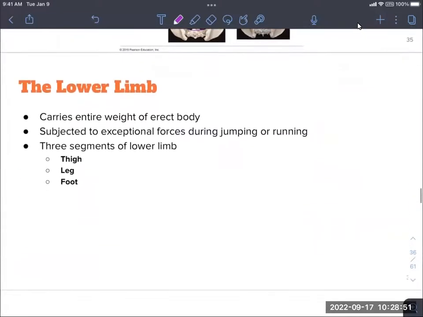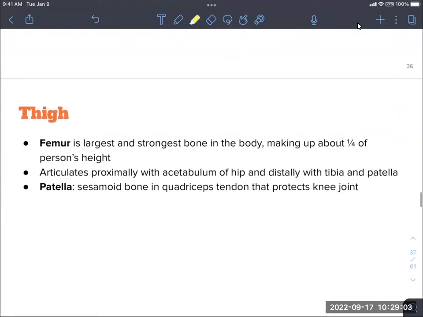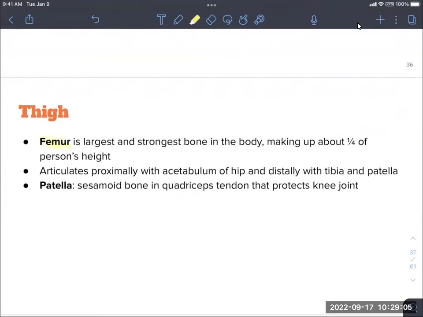So let's move on to the lower leg now. Our lower leg is made up of the thigh, a leg, and a foot. Let's look at the bones that make those up. The thigh is our femur. It is the strongest bone in the body.